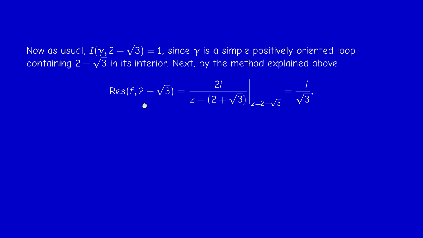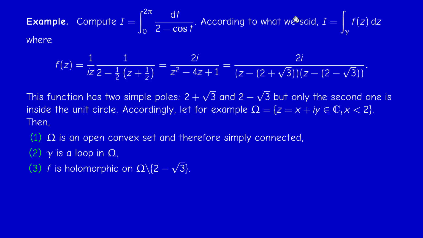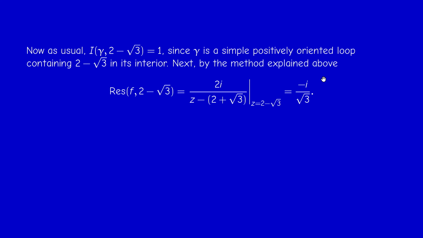And the residue, because it's a simple pole, we just multiply f by z minus (2 minus radical 3). When we simplify and let z tend to 2 minus radical 3, we get minus i over radical 3. So putting everything together, we get I equal 2 pi over radical 3.